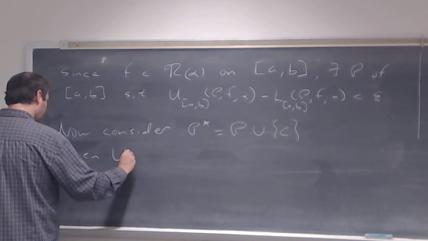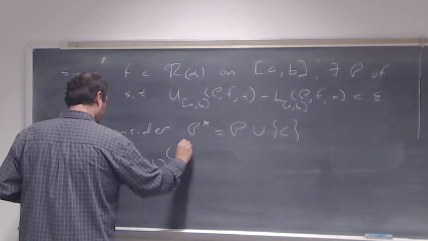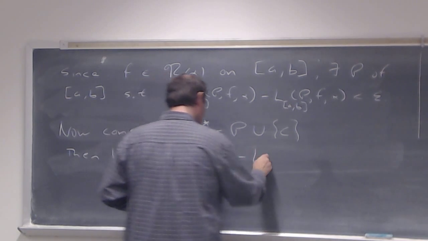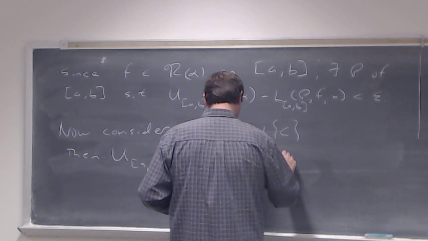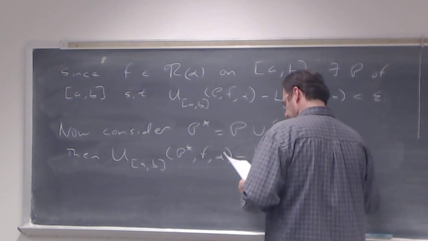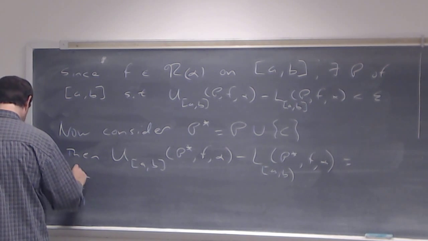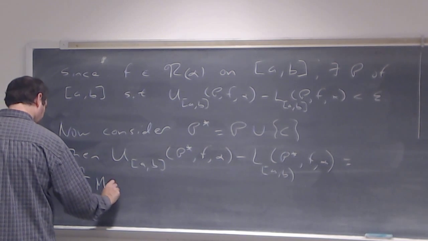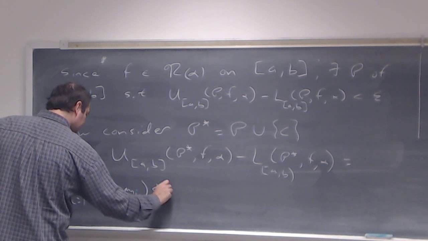Then the upper sum with P star, f, and alpha, minus the lower sum with P star, f, and alpha, is equal to the sum as i runs from 1 to n of M sub i minus little m sub i times delta alpha sub i.